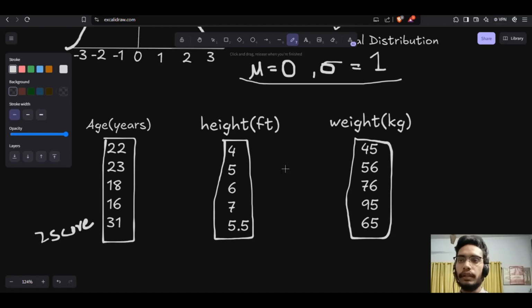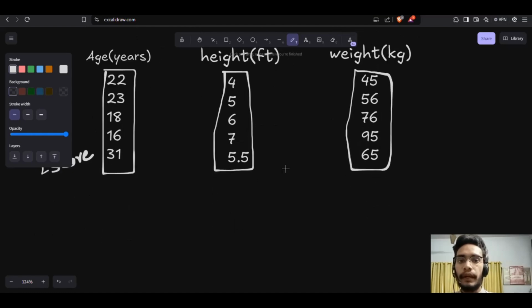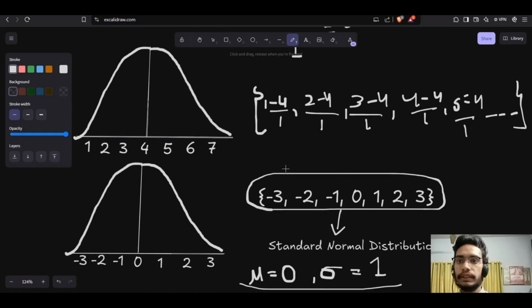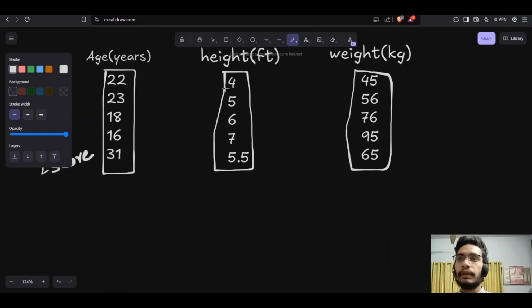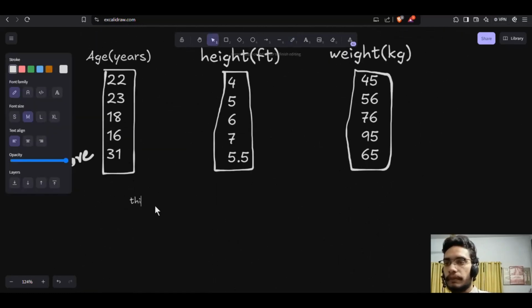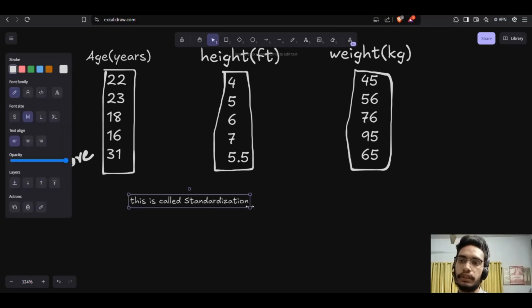I'll apply the z-score method to all of these in order to standardize them, meaning to make them like a standard normal distribution. This method is called standardization.